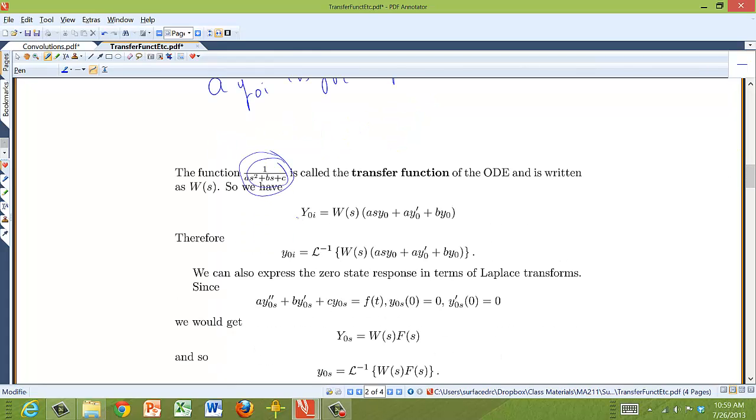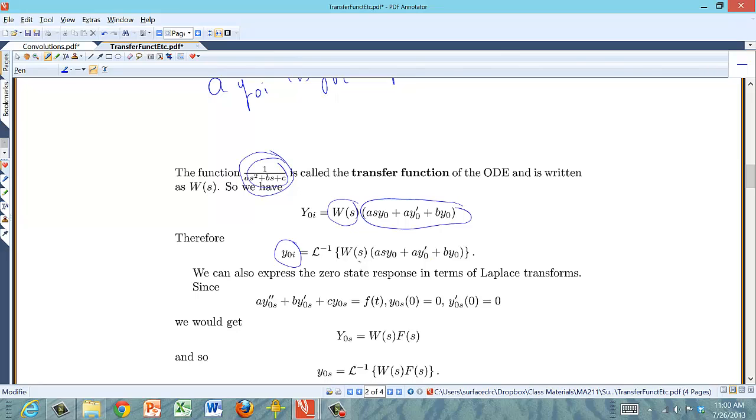So the Laplace transform of the zero input response is the transfer function times this thing, which depends on the initial conditions. If I inverse Laplace transform everything, the zero input response is the inverse Laplace transform of the transfer function times this thing, right?